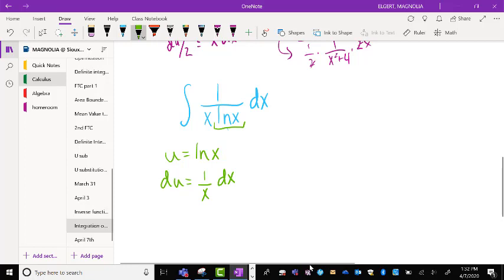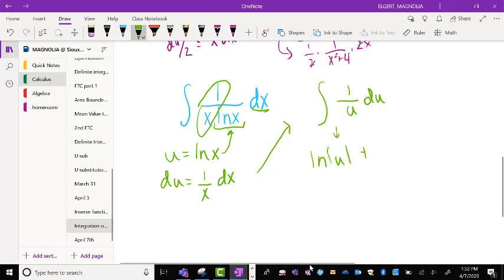How does that help me? Well, this is my u, it's going to go there, and 1 over x dx is right there. So now I can rewrite this as just 1 over u du. Then the antiderivative would be the natural log of the absolute value of u plus c. So I get the natural log of the natural log of x plus c.